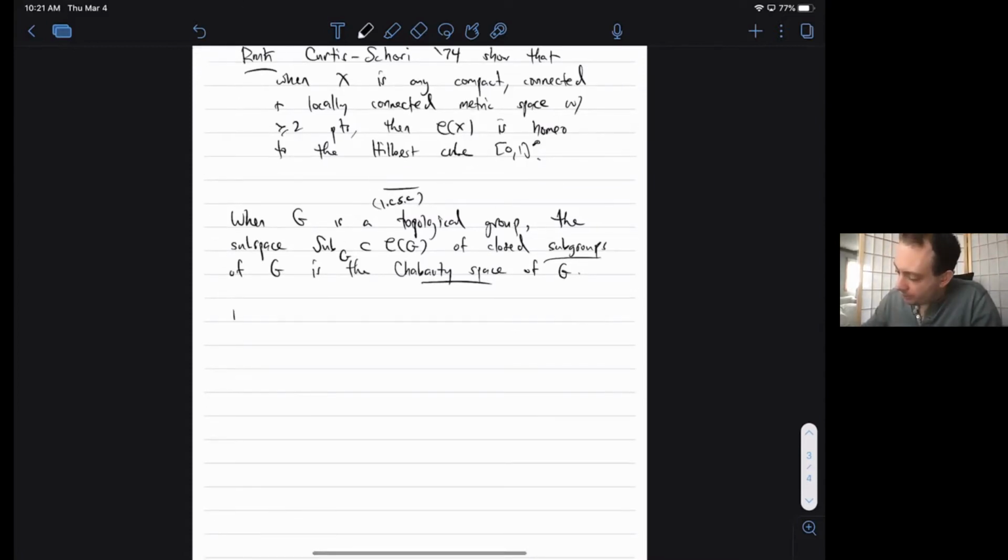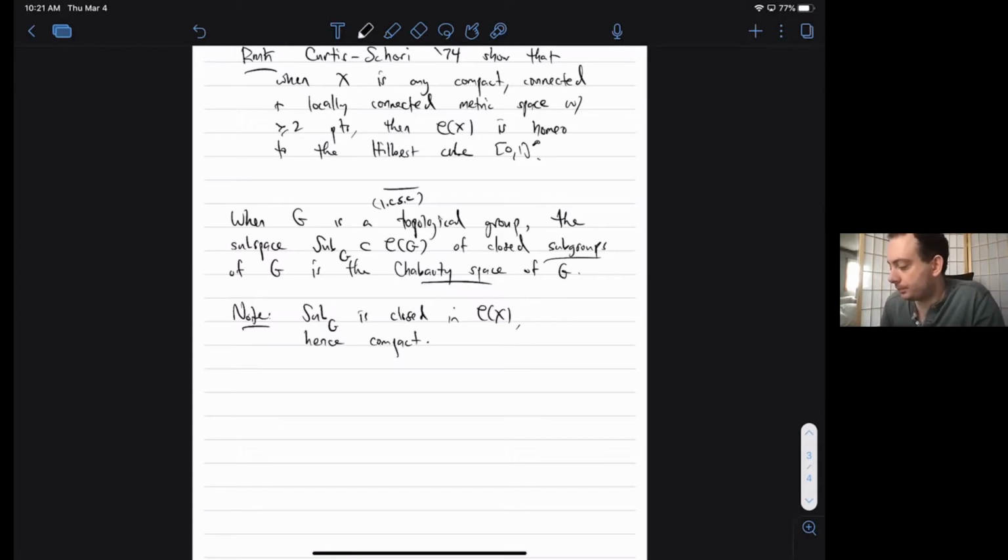Okay, and then maybe the first thing to note about it is that Sub G is closed in C of G. Hence, since C of G is compact, that means that Sub G is compact.